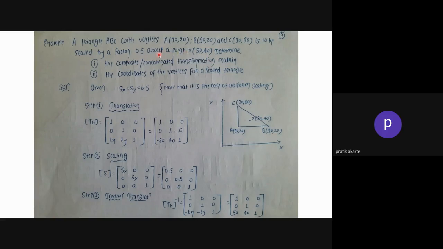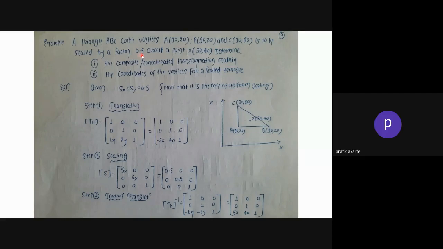Scale by a factor 0.5 means Sx is equal to 0.5 and Sy is equal to 0.5. If you recall my previous session, I told you that a scale factor of one indicates your original size. If the scaling factor is more than one, the object is enlarged, and if the scaling factor is less than one, your object is reduced.